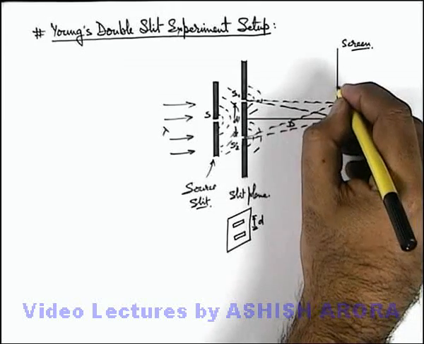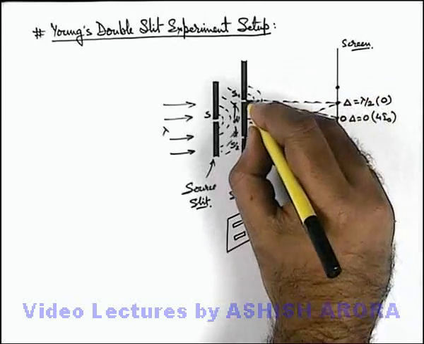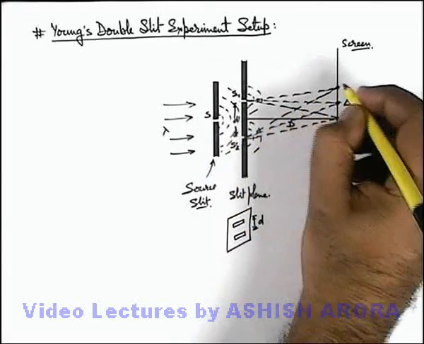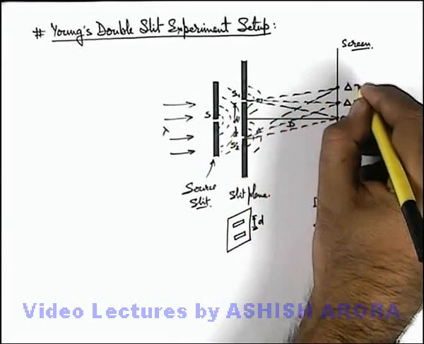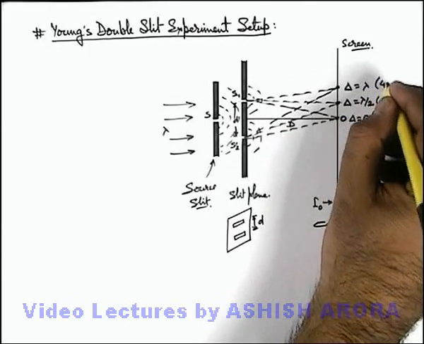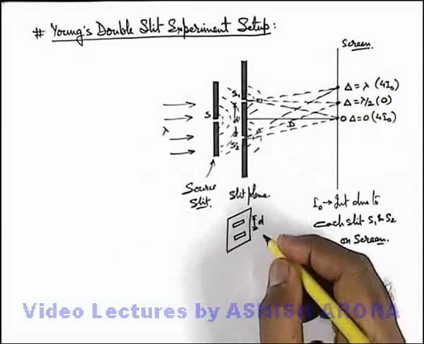Then again after some distance, when the path of S1 is further reduced and that of S2 is increased, the path difference becomes lambda, where again constructive interference takes place and the intensity is 4I0.